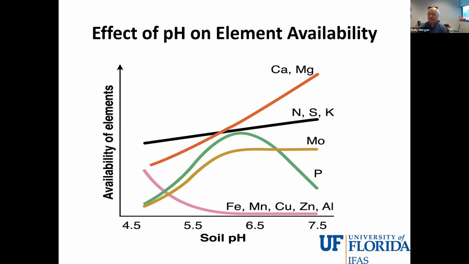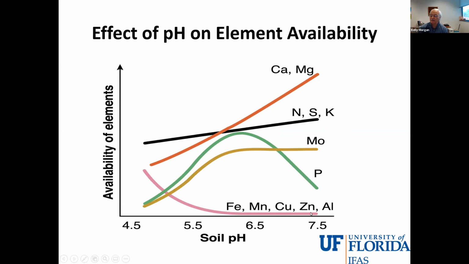This is just a graph of that same information, looking at soil pH. The calcium and magnesium continue to increase as you approach a pH of 7.5. Same thing with nitrogen, sulfur, and potassium. It increases with pH, but never goes low with lower pH.